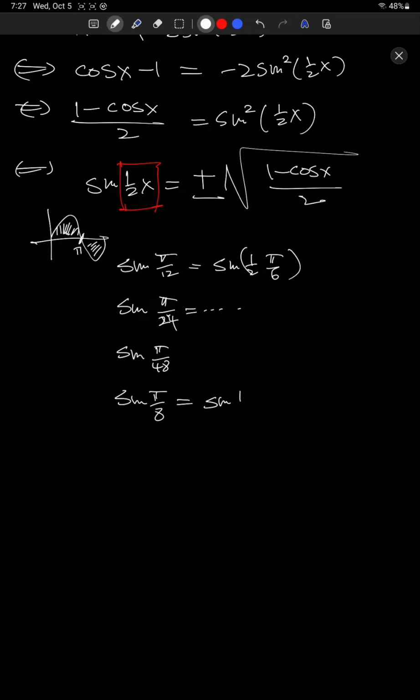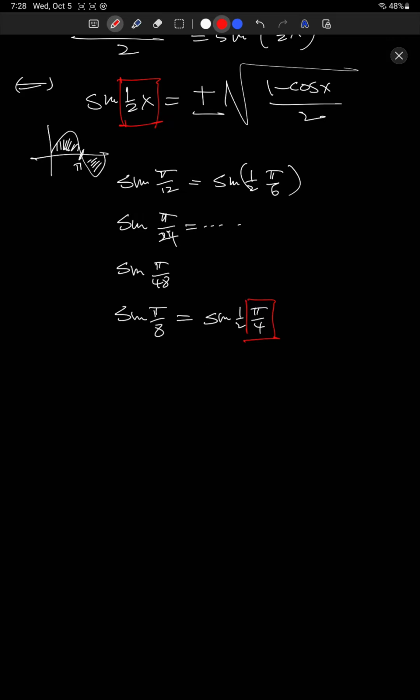This is sine of 1/2 of pi over 4, and the entire point of breaking it down this way is that we know cosines and sines of pi over 4. In degrees, this would be the sine of half of 45 degrees, so 22.5 degrees. That's definitely a value of sine that we couldn't compute previously.